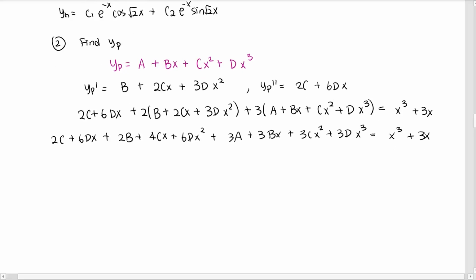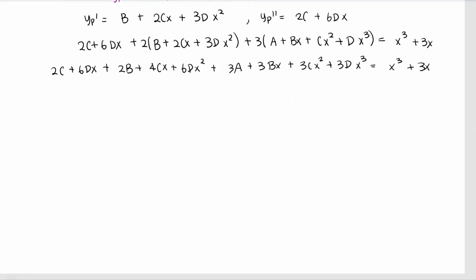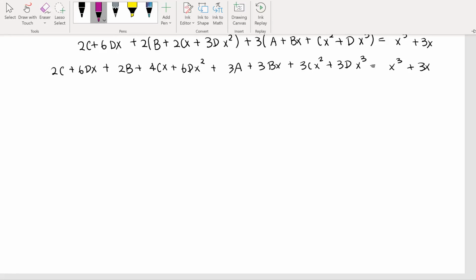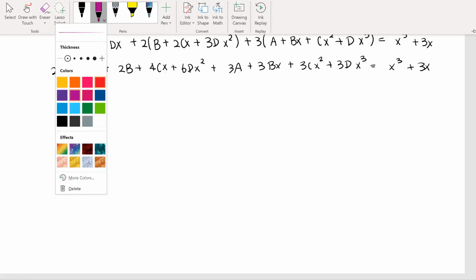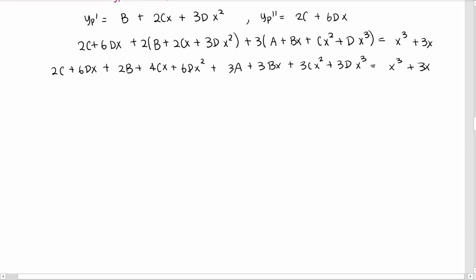Now let's compare the like terms. Here we have 4 constants, a, b, c, d, so we expect to have 4 equations to solve for 4 constants. Let's look at the constant term.